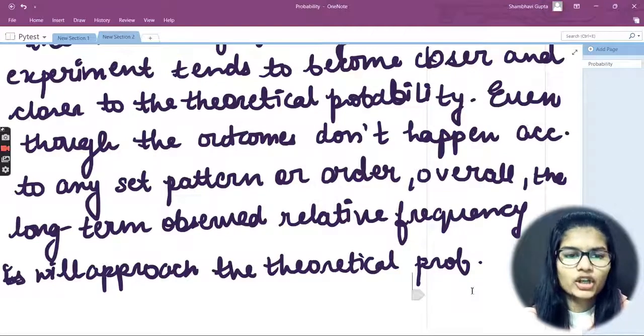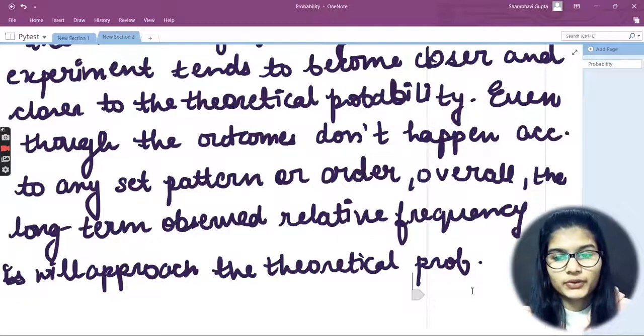If I write empirical or if I write observed, the meaning is absolutely the same. Here I simply used long-term observed relative frequency, but instead I could use long-term empirical relative frequency. So empirical is only used instead of observed.